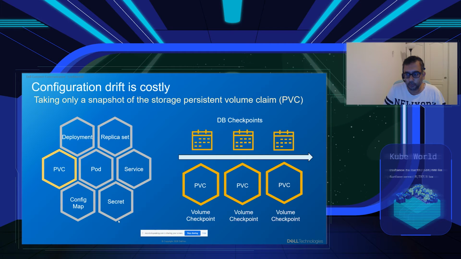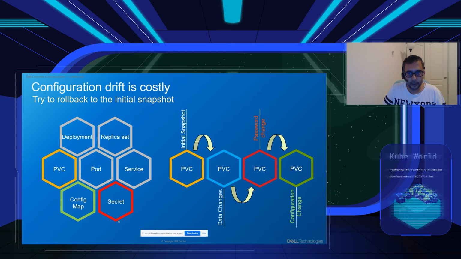So you have 3 volume checkpoints that you have done in 3 hours. And let's say beyond that, there have actually been additional changes to the application. Not only has the data changed, but there has also been a password change in between.